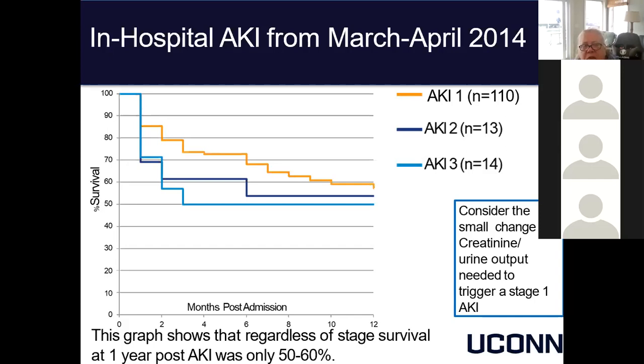You're still only looking at a 50 to 60% survival rate after a year. So again, I show you this graph in an effort to encourage. This is why we monitor blood pressures. We watch urine output. We are ever vigilant for signs of decreased kidney function and the need to prevent injury to the kidneys.